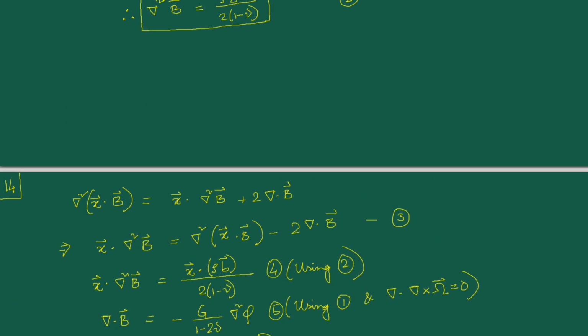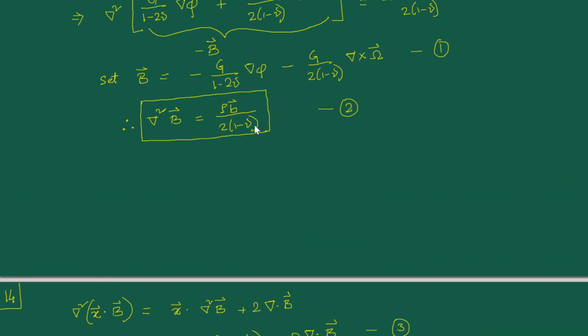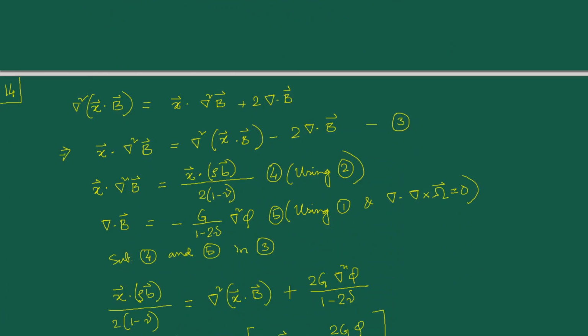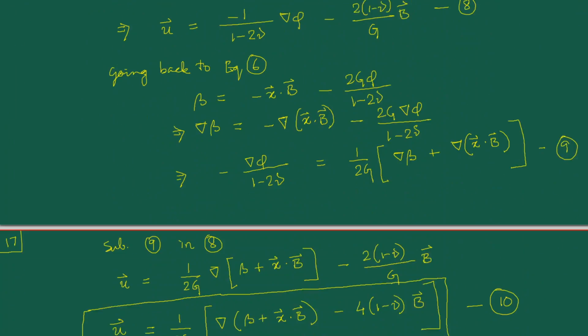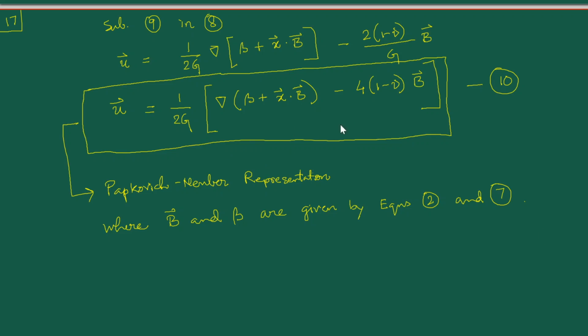We also have equation number 2, which again has the influence of the rho b vector very much present here. This is again a Poisson equation, and we can very much solve it. So nowhere have we neglected the body forces. The final representation may look a little complicated, but once you have the solutions for b vector and beta, you just substitute them here and your solution for the desired displacement vector will come out. And the moment you have the displacement vector, you can find the strains, the stresses, and your entire solution is done.